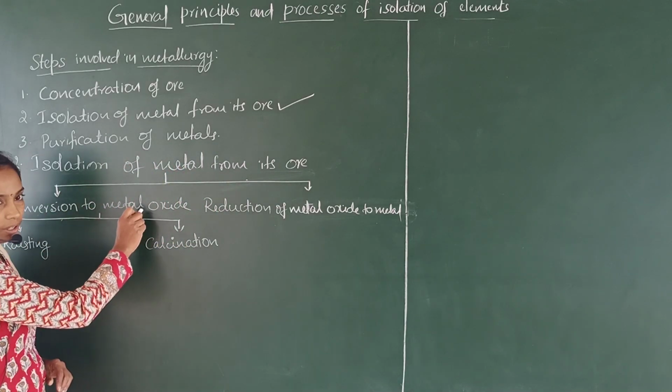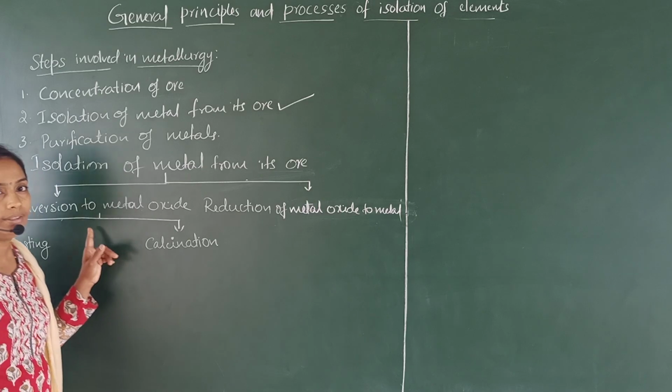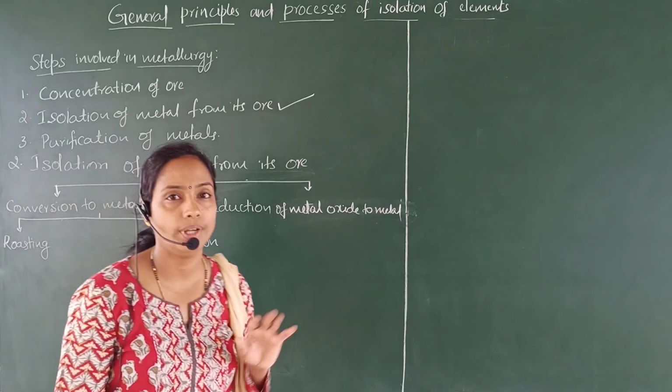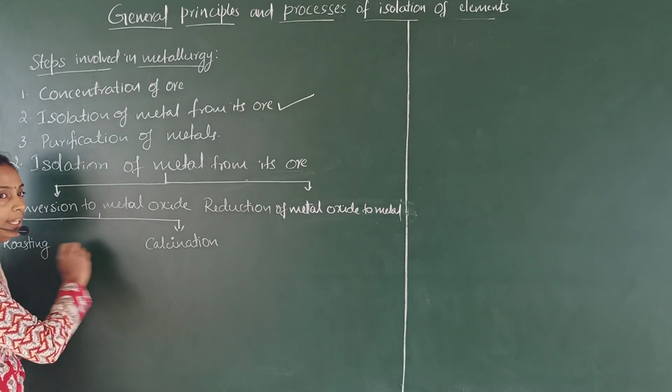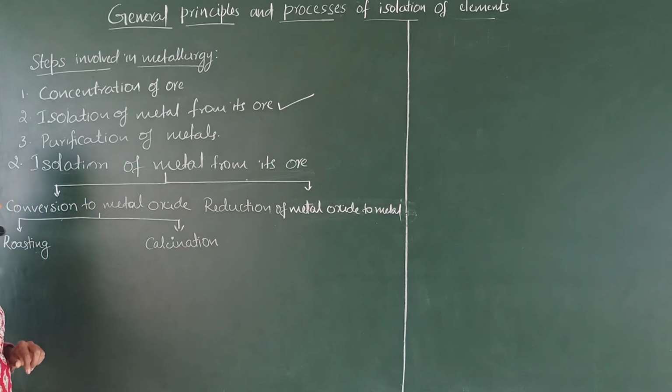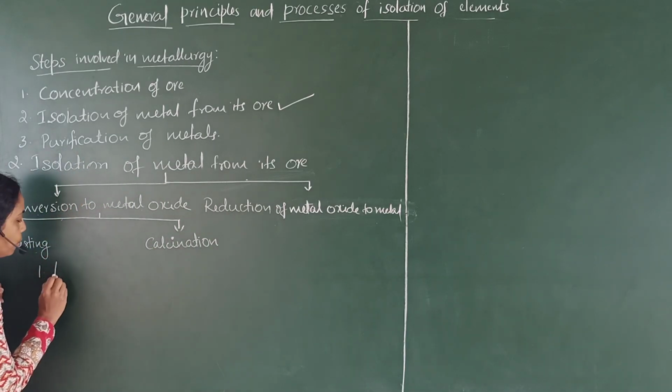Conversion to metal oxide. There are two methods to convert ore into its respective metal oxides. They are roasting and calcination. Let us consider roasting.